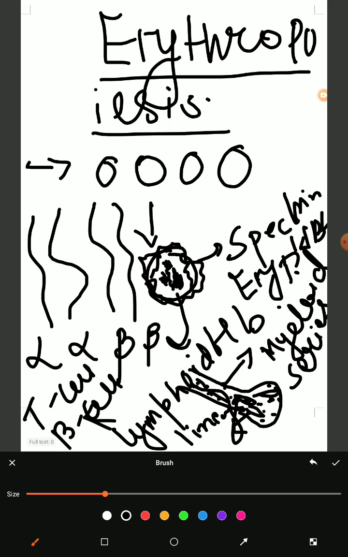So these WBC cells come from the myeloid series, and the T cells and B cells come from the lymphoid lineage series.